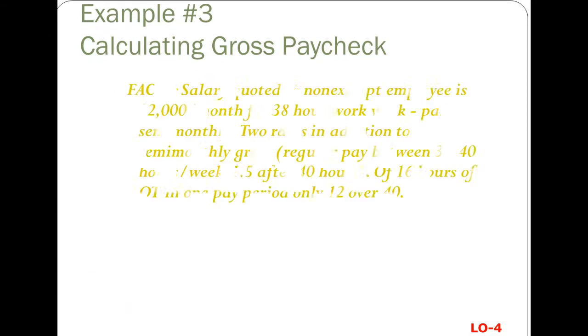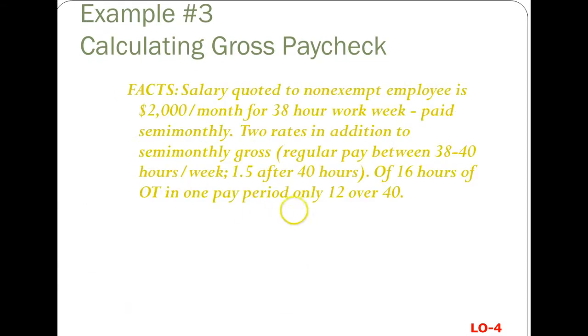Okay, here's another example. 2,000 a month is the salary for a 38-hour work week, paid semi-monthly. And there are two rates in addition to the semi-monthly gross. The regular pay between 38 and 40 hours a week, and then after 40 hours a week they're going to get overtime.